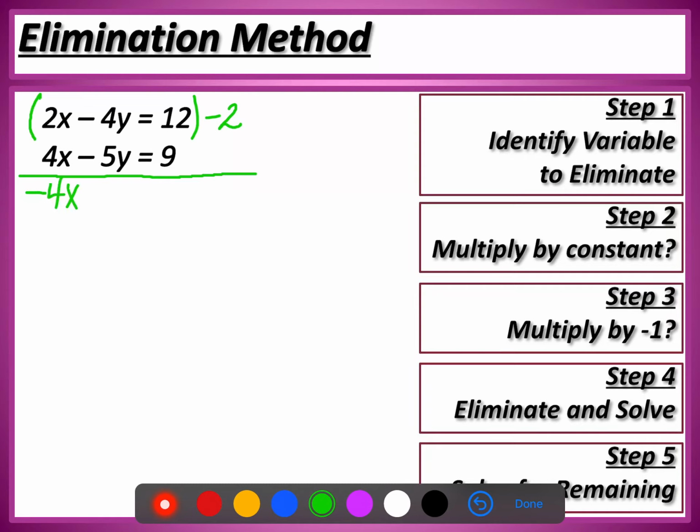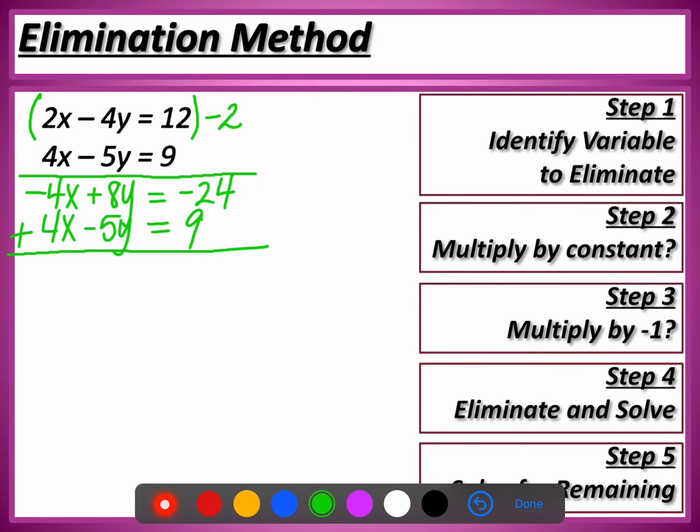When I multiply this through the entire equation, and I bring down my second one, now when I add these together, this is working out for me, where the x's have canceled. And I can now solve this.